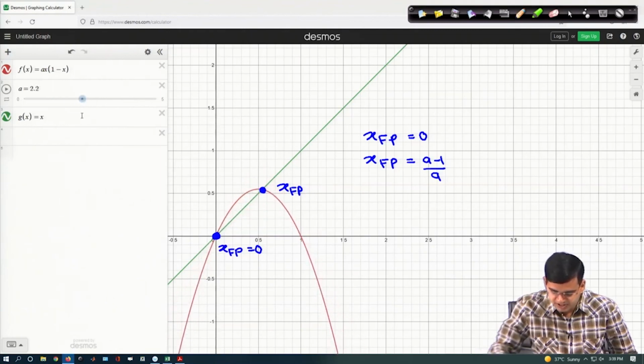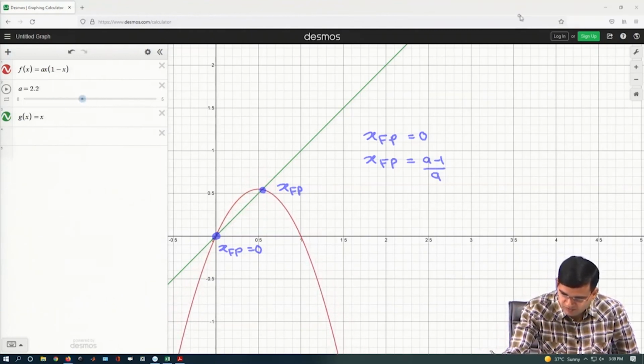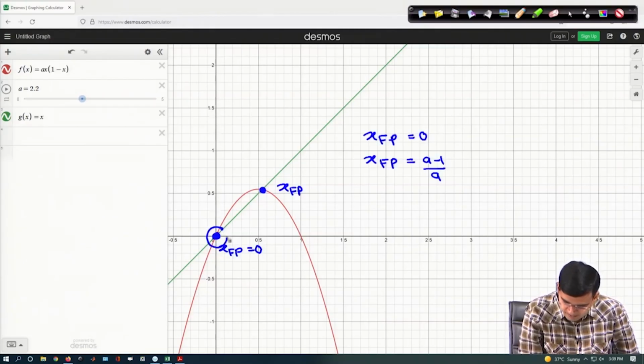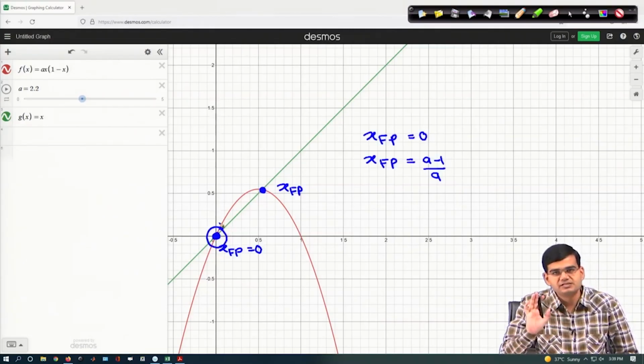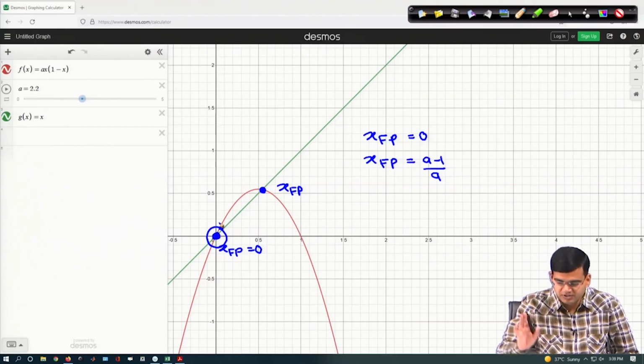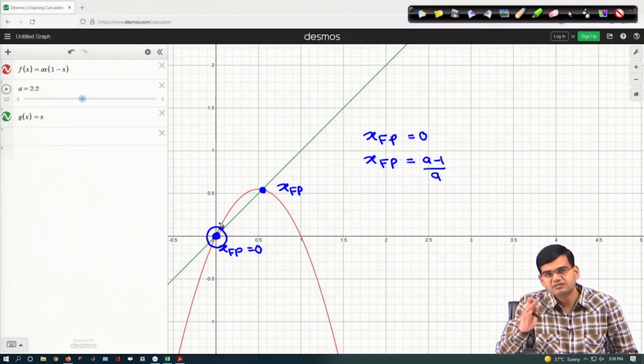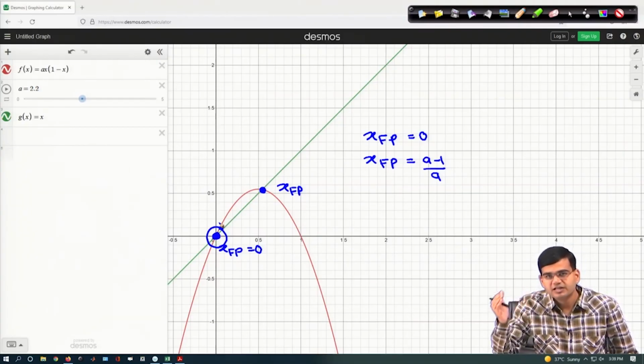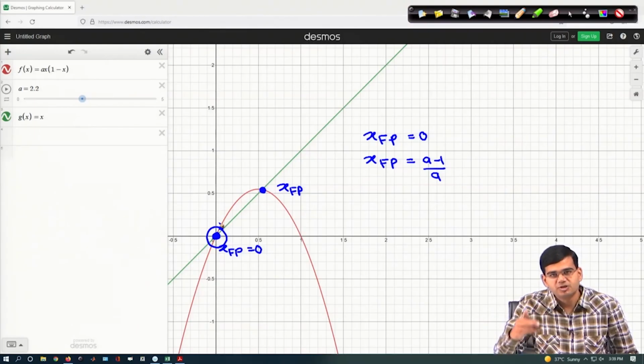But the lower one at x equal to 0 remains the same. Therefore, I have two fixed points, just as I used to see two equilibrium solutions for the continuous logistic equation, I see two fixed points here for the discrete equation as well.